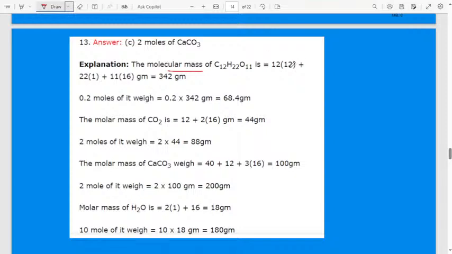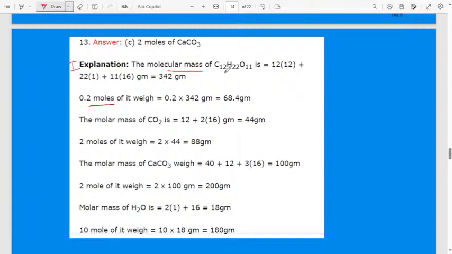Multiply with their atomic masses. Then solve, you will get 342 gram. Then here they are asking 0.2 mole of that. Multiply this one with 0.2, you will get 68.4 gm. This is the first one.